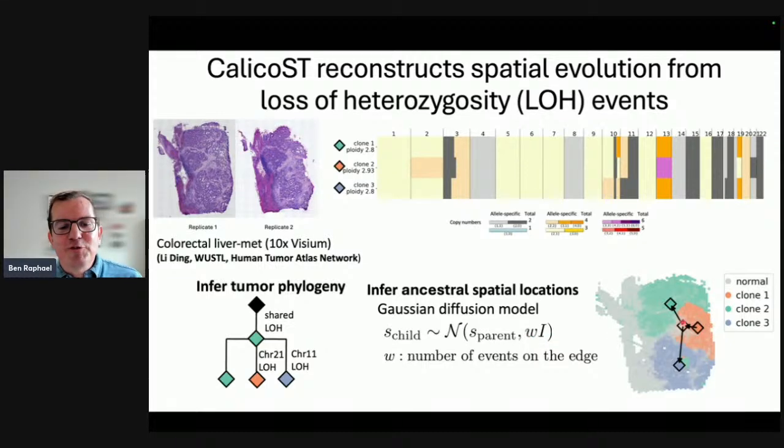Then we can infer the ancestral locations of the tree, so we can sort of project the tree into space. And what we see here is the green is the ancestor at the beginning, and then it branches out and grows in these 2 directions. So, the ancestral tree, the tumor growing out into space.